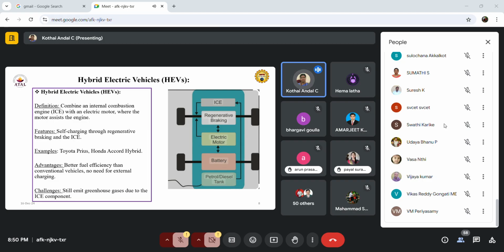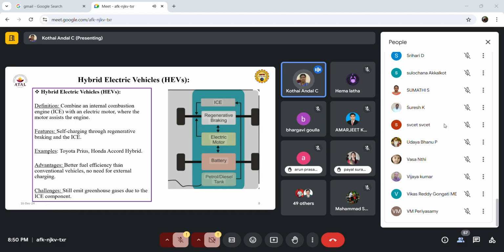In propulsion mode, the motor will act as a motor only. During regenerative braking mode, the motor will act as a generator. Through that, the battery will get charged. These are some examples of hybrid electric vehicles: Toyota and Honda are releasing this type of electric vehicle. Maybe new companies also might have come.